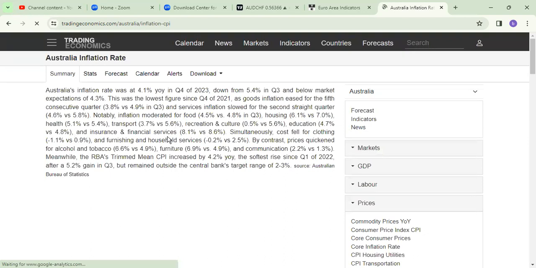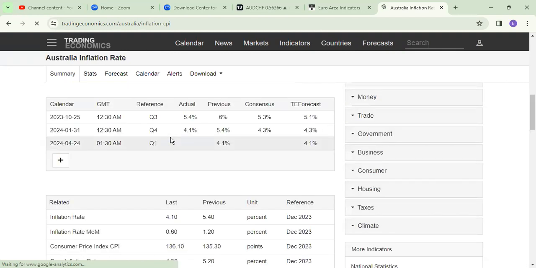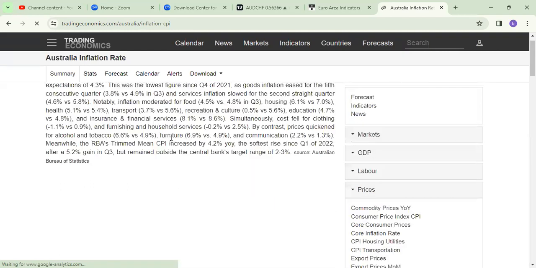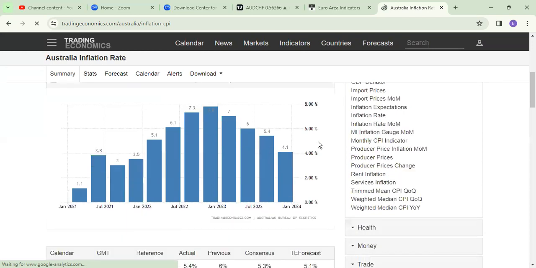So what we were looking at is the news. When were they released? January 2024.